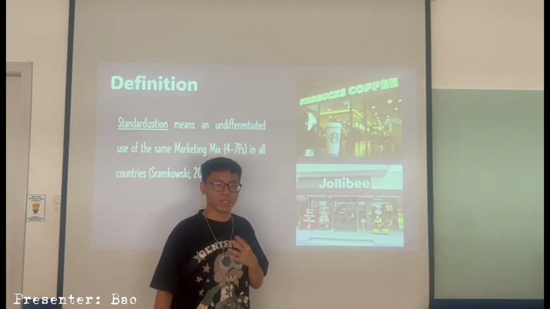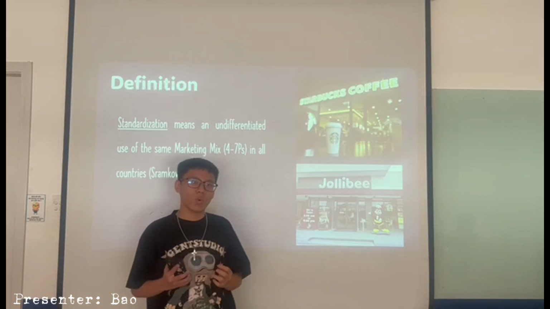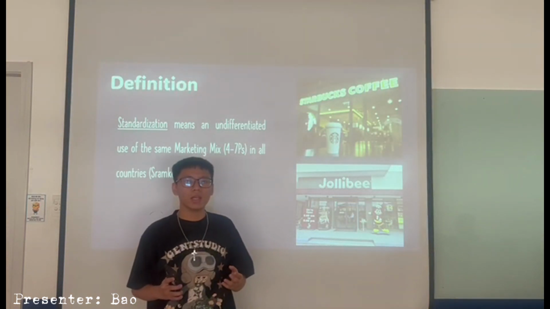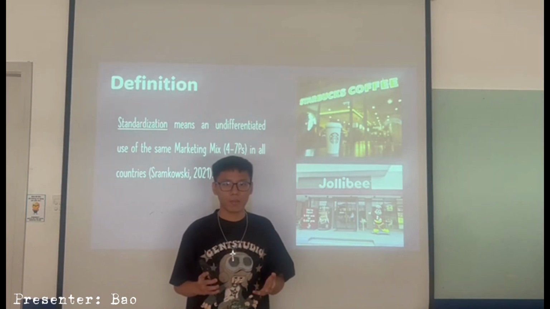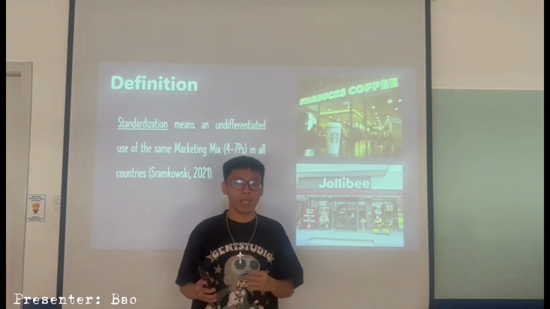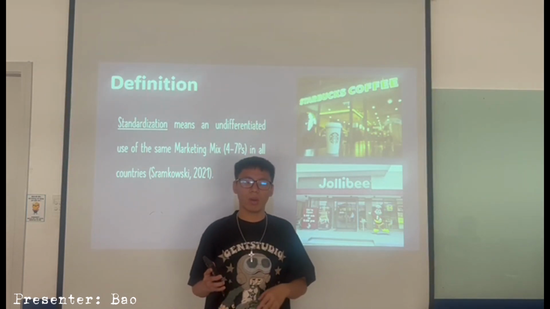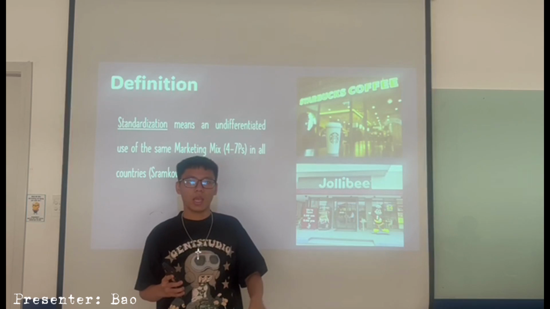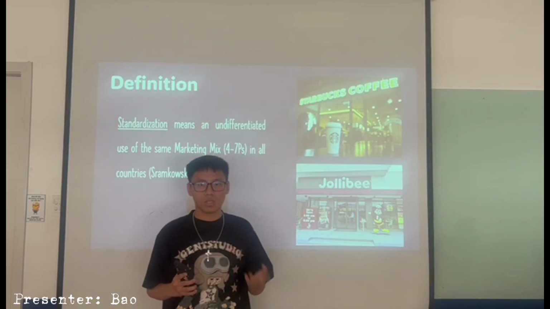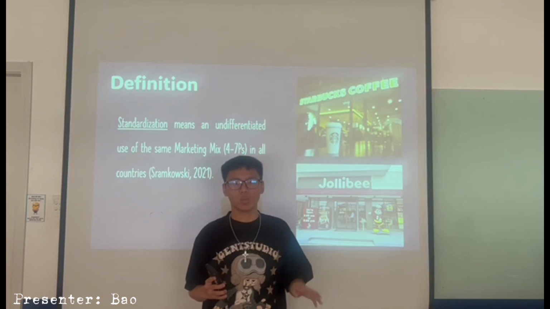This one is very simple. Take their chicken bucket, for example. When you buy a chicken bucket at Jollibee, the amount of chicken in one bucket remains the same, even if you're buying it in Singapore or in Canada. The flavor is also the same, and the price is also the same.